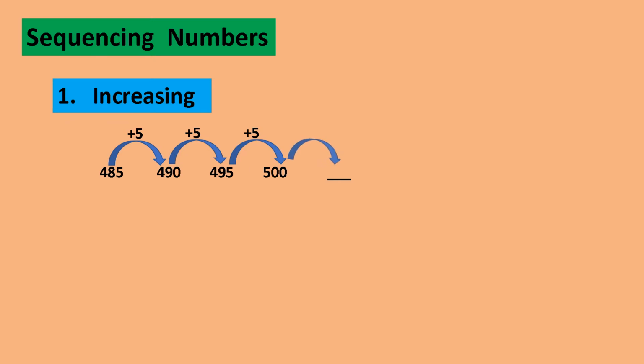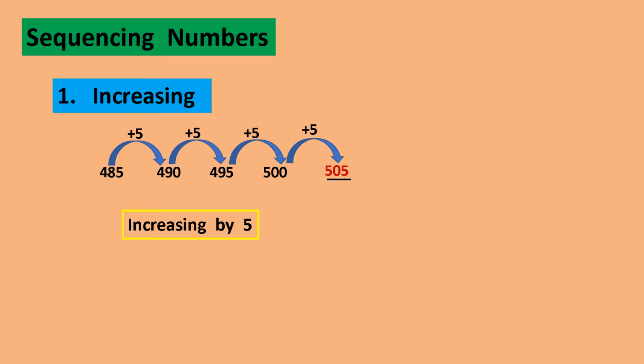So that means that the next number would be 505. So you add 5 to 500, it becomes 505. So that is sequencing numbers. The numbers follow a specific pattern. And in this example, the pattern is increasing by 5.